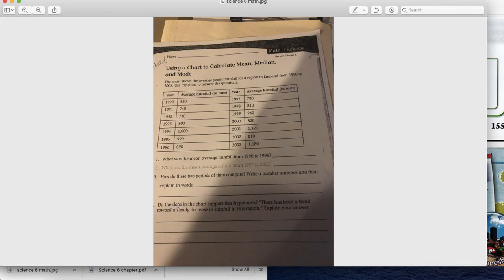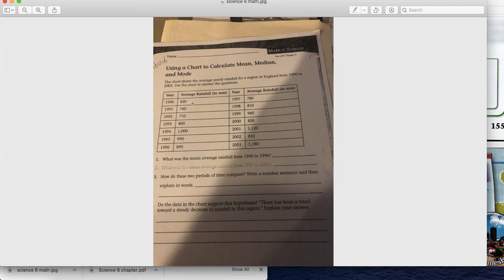Number 4, do the data on the chart support this hypothesis? There has been a trend toward a steady decrease in rainfall in this region. The answer is no. How can I explain my answer? We're averaging more rain in the last 7 years than we did in the first 7 years. So we're not decreasing, guys.